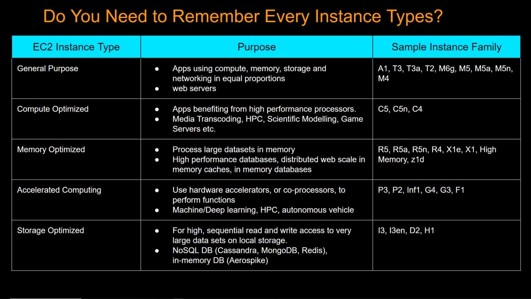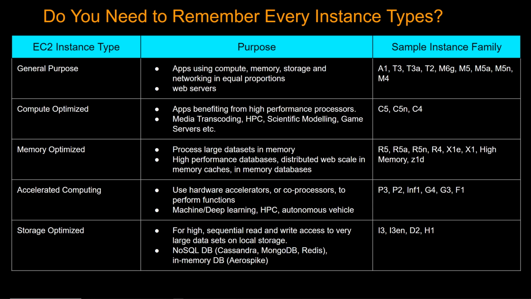And the second thing is, even if you don't remember anything, try to remember M5 and T2. These are under the general purpose instance type. General purpose is when your apps are using compute, memory, storage, and networking in equal proportions.